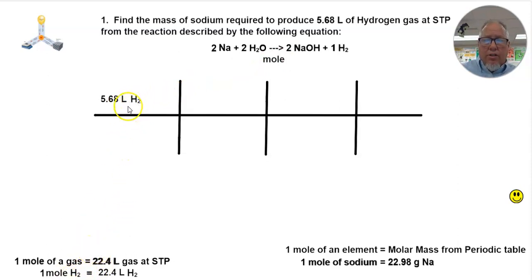Since liters of hydrogen gas is on the top, I need to use liters of hydrogen gas on the bottom. And 1 mole of any gas is 22.4 liters. That's always true as long as the gas is at STP. 1 mole of any gas is equal to 22.4 liters.